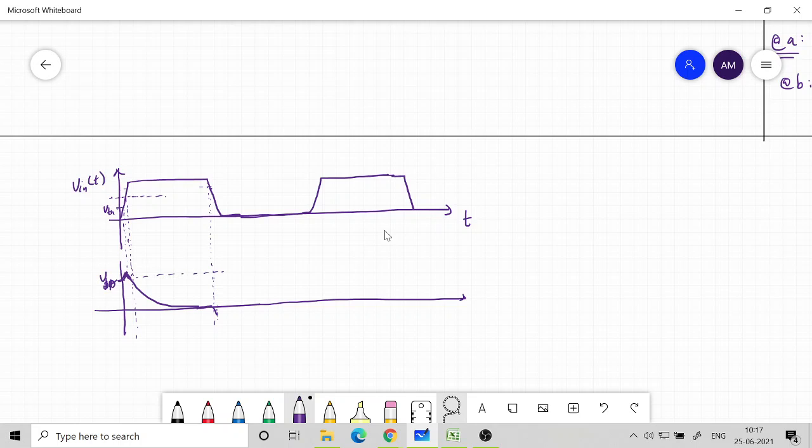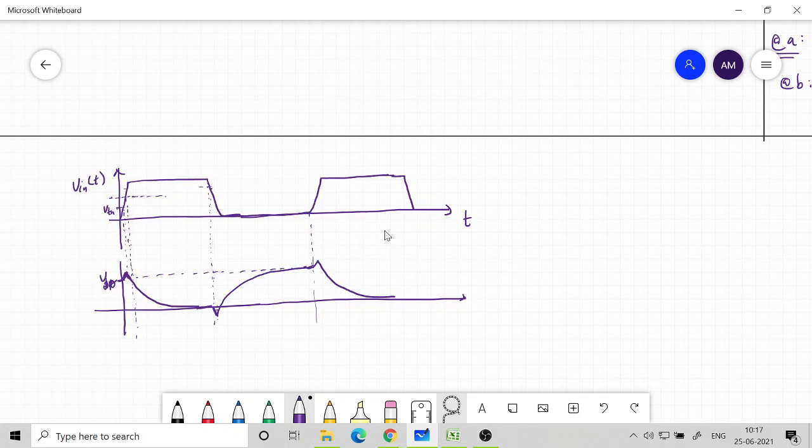The steady state is VDD, but there is a dip here also, and then it goes like this. Then this thing repeats. So again it goes up, and then again. Okay, I am showing only this much.